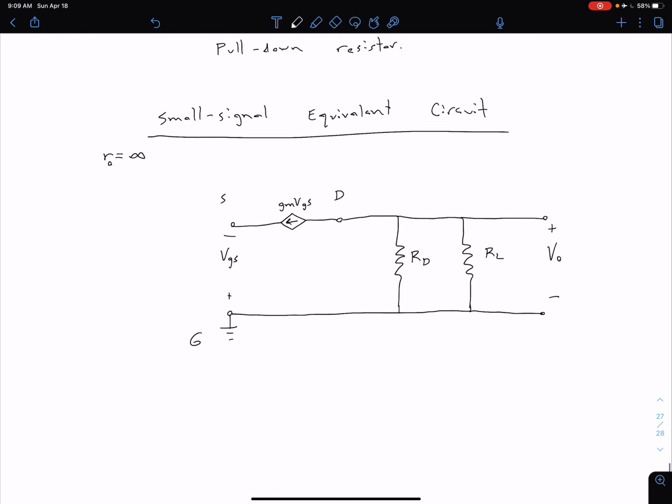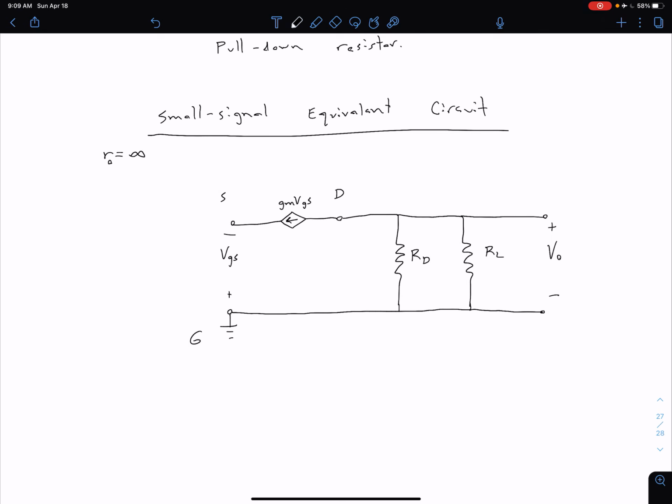So let's come down here and add that to our circuit. We're going to have our RSI, which I'm drawing first, and then of course our VI, between there and ground. So we get something that looks like this.